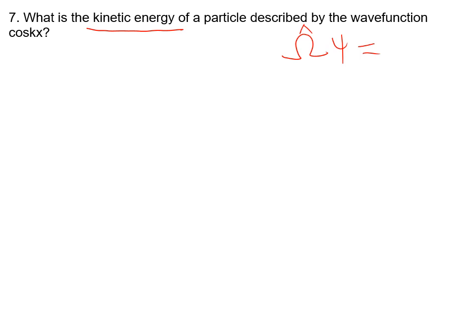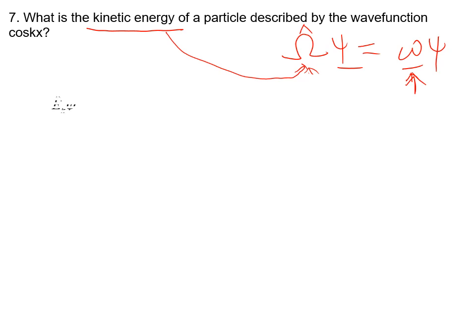If you get the function back times a constant, then we say this function is an eigenfunction of this operator, and this constant is the eigenvalue, which is the observable. So if this is a kinetic energy operator, then this will be the kinetic energy of the particle. All you need to do is use the operator on the wave function and find the eigenvalue.